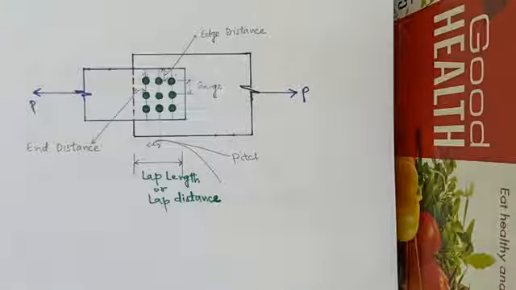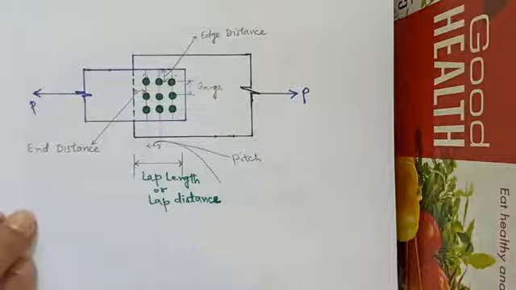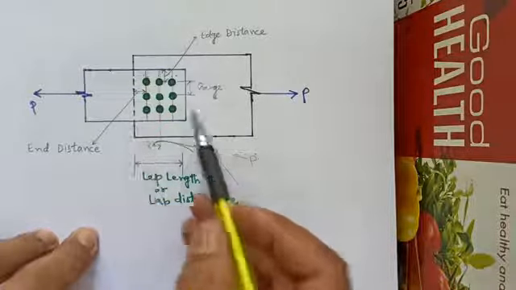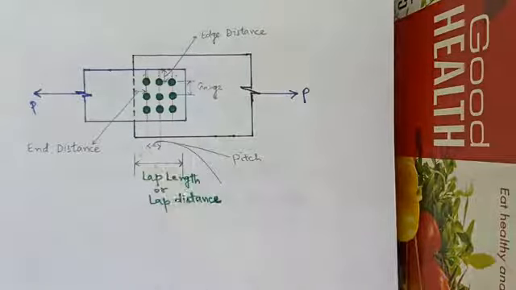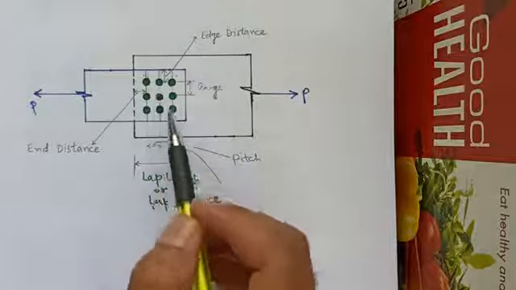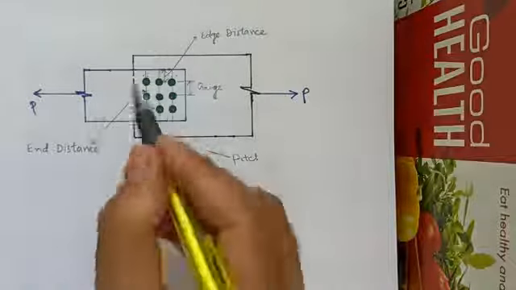Now we have in figure a lap joint. There are two plates joined by bolts in three lines.